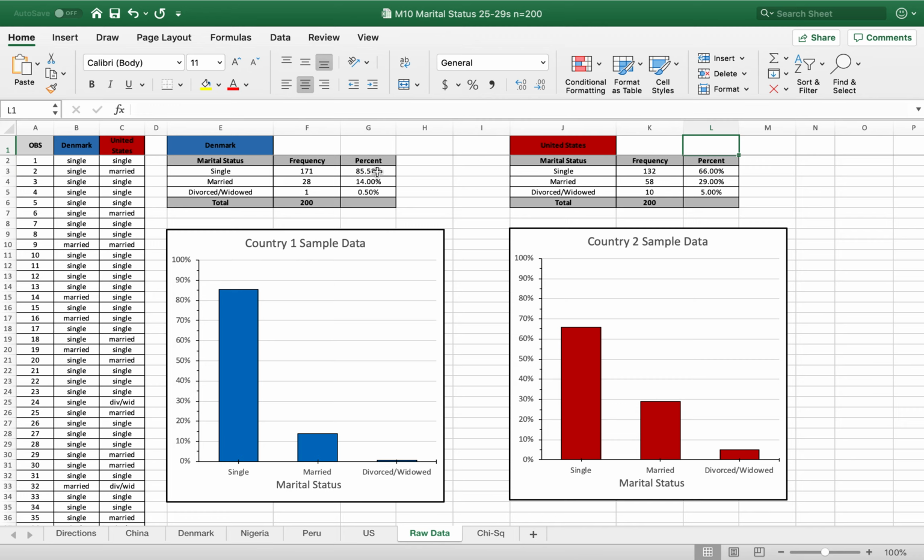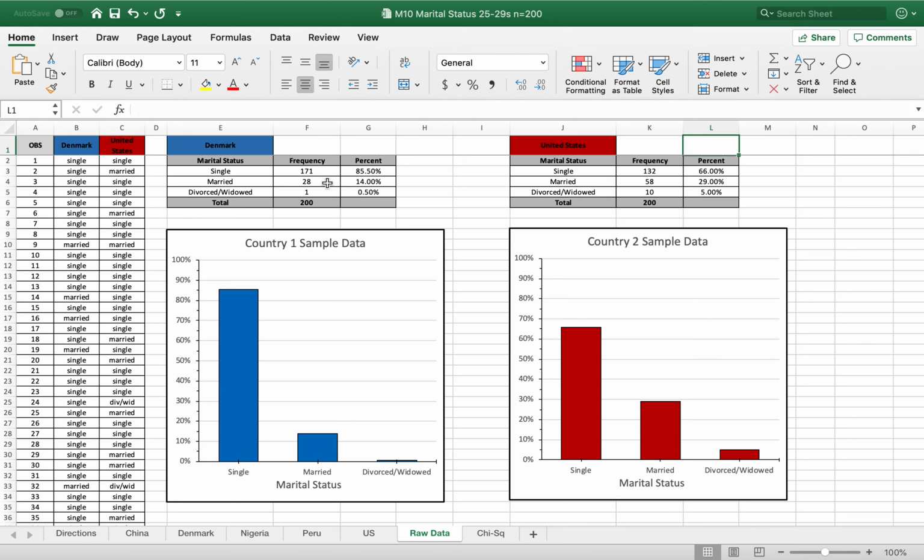As you can see, there are more single young men living in Denmark than in the United States. There are more married men in the United States than in Denmark, and a little bit more divorced or widowed in the US compared to Denmark.